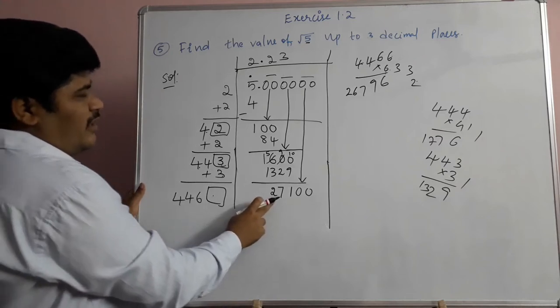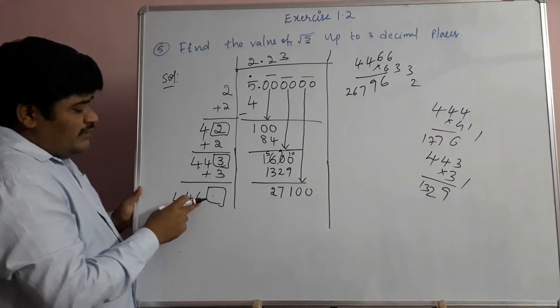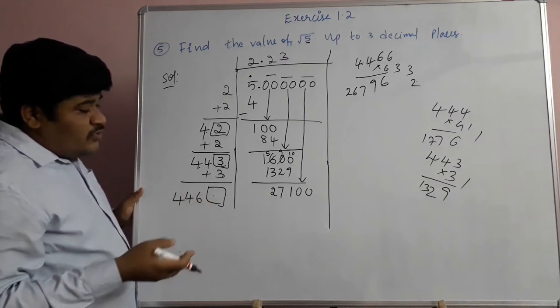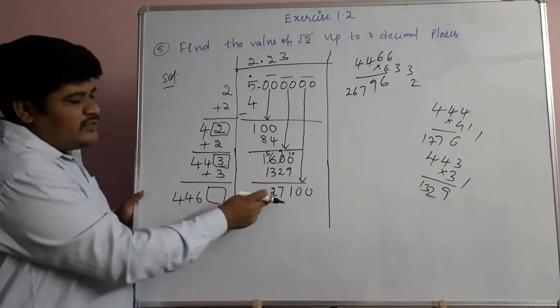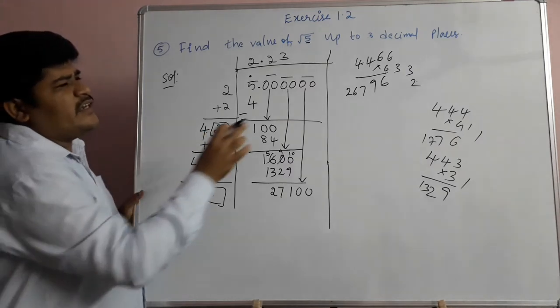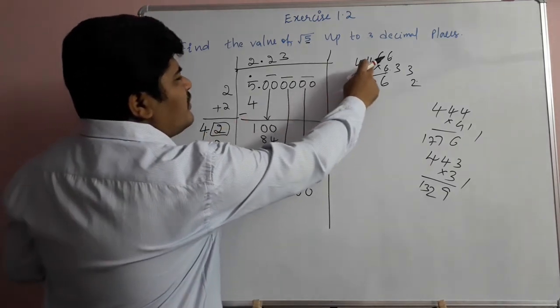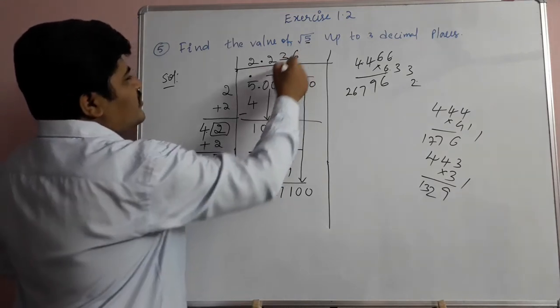And students, it is almost near to 27,100. If you take 4,406 sevens, that is exceeding this. Why? Because 4,000 sevens are 28,000, right? So it is 27,100. So obviously we can take 4,466 into 6. So here and here also 6.